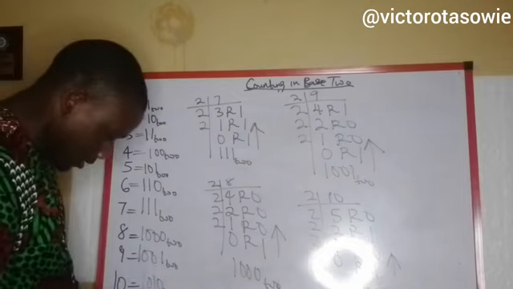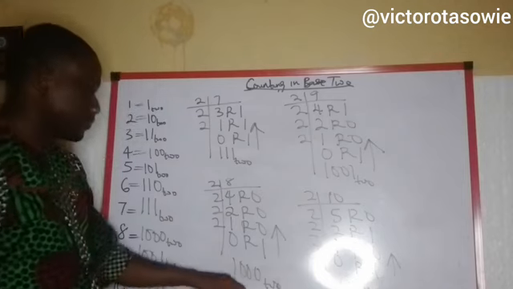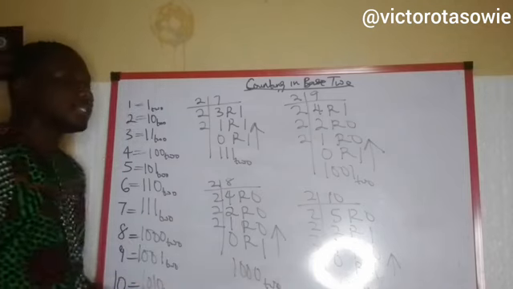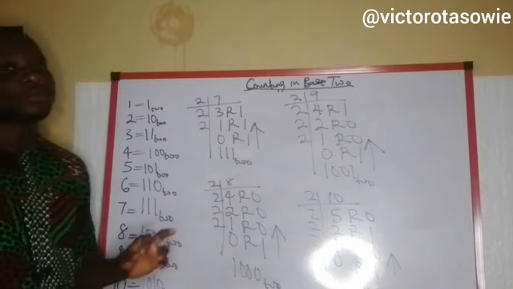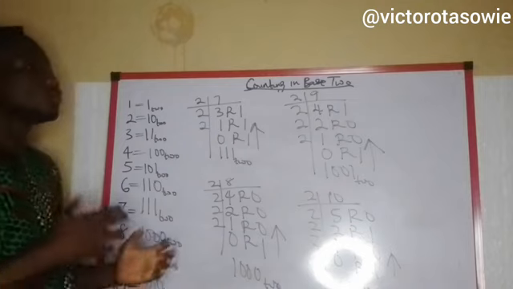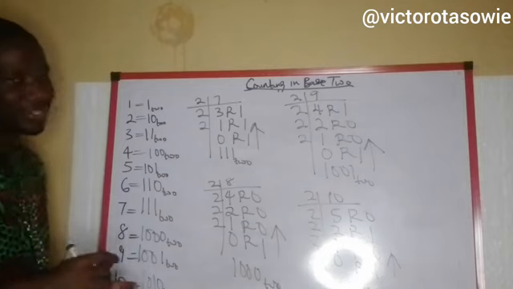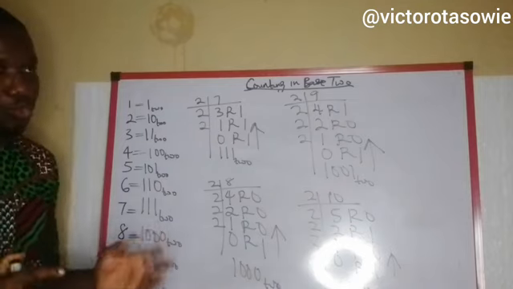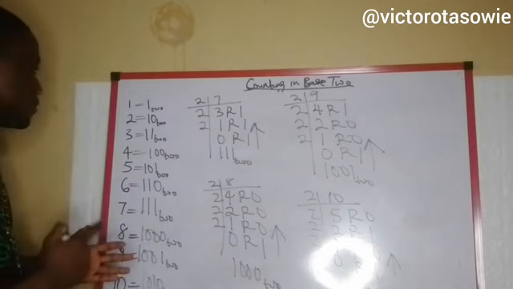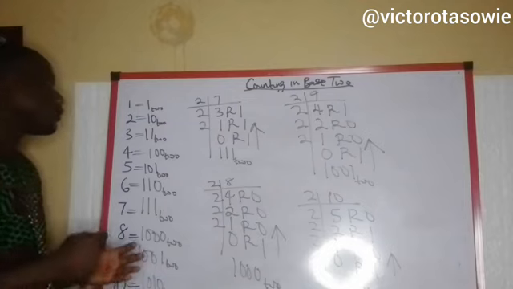So for all my students, take note that we are now going to group this. 1 is 1 base 2. 2 is 1, 0 base 2. 3 is 1, 1 base 2.